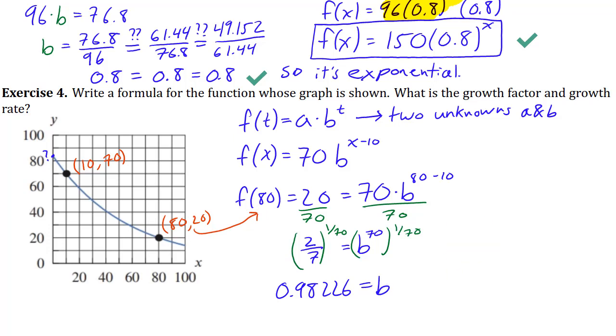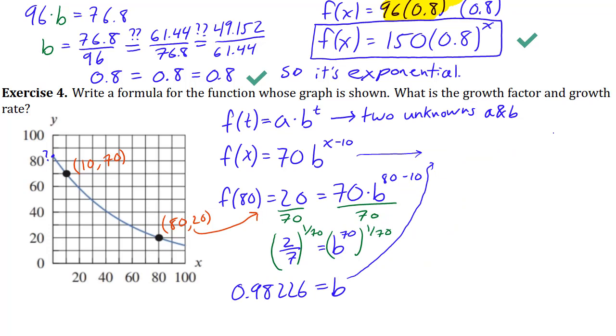And, well, I guess, let's see, we can write the formula now. We can plug this into this formula. We do have a complete formula. We can say it's f of x equals 70 times b times, I just realized I'm at the edge of the screen. Make some room there.